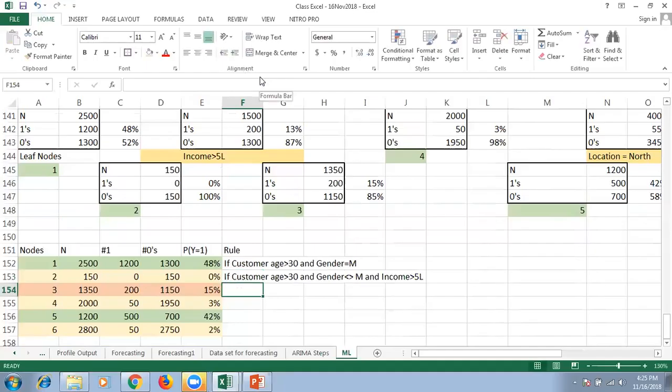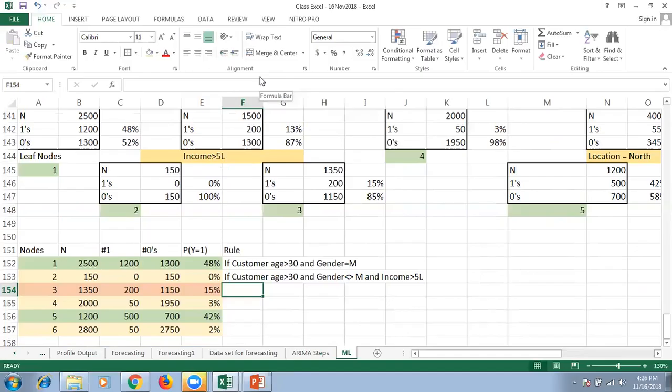That is what the output tells me. If any customer's age is greater than 30, is not male, and has income greater than 5 lakhs, then it's a good customer. That means they never had any bad experience with them, and if someone comes like that, we can straight away give them a loan. Males are bad. That's what the model is saying, I'm not saying it.